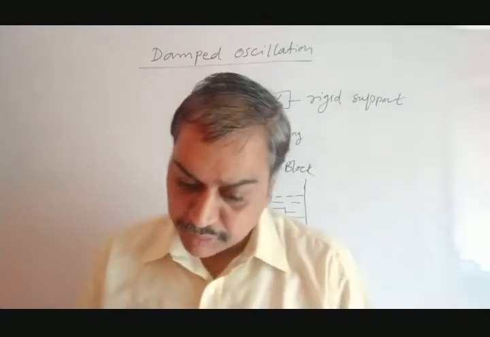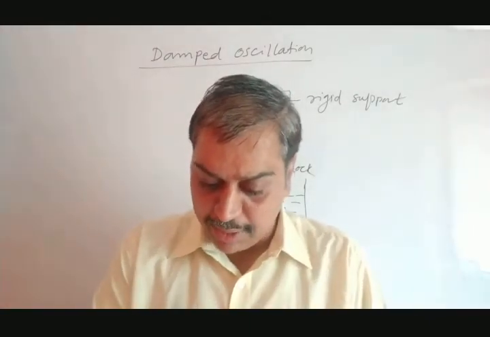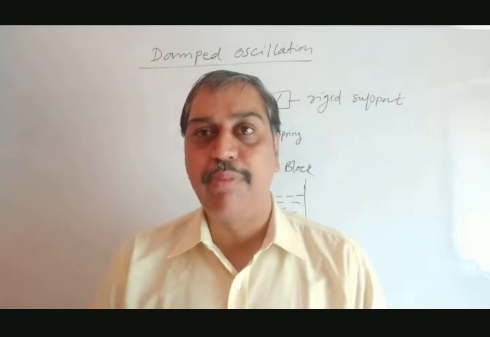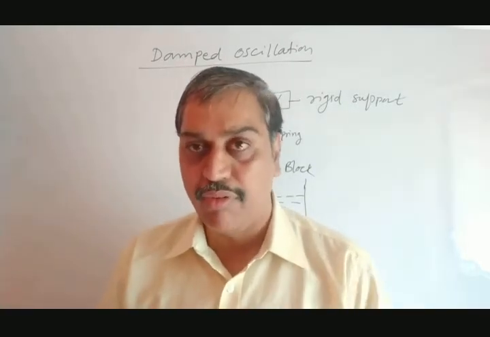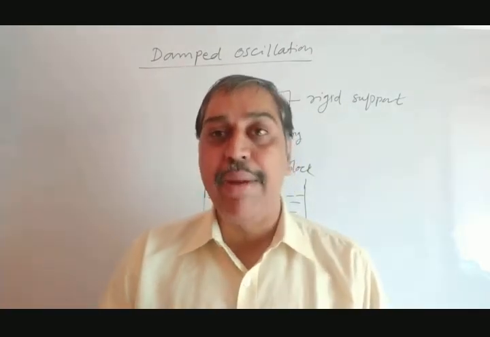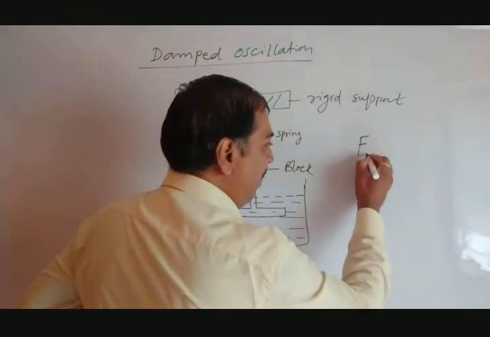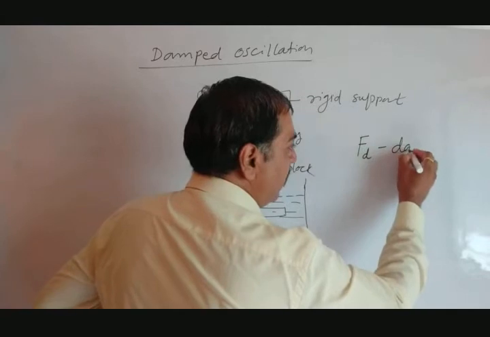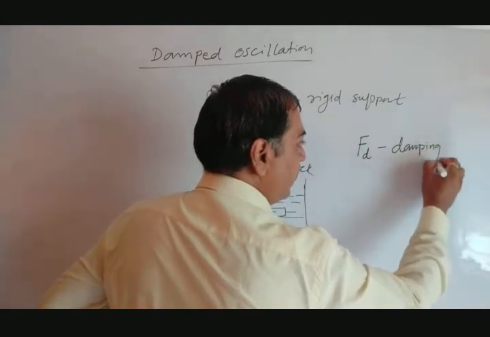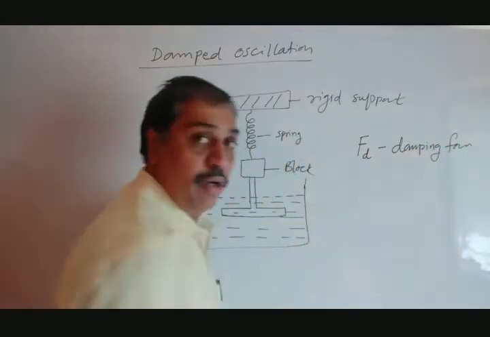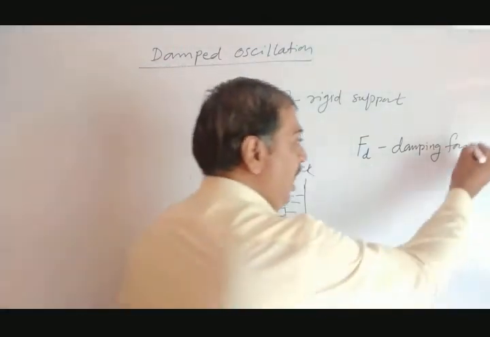Now the point to remember is that while doing this motion, there are forces acting here. One is the damping force, represented by F suffix D. These are the forces which are responsible for reducing the amplitude.